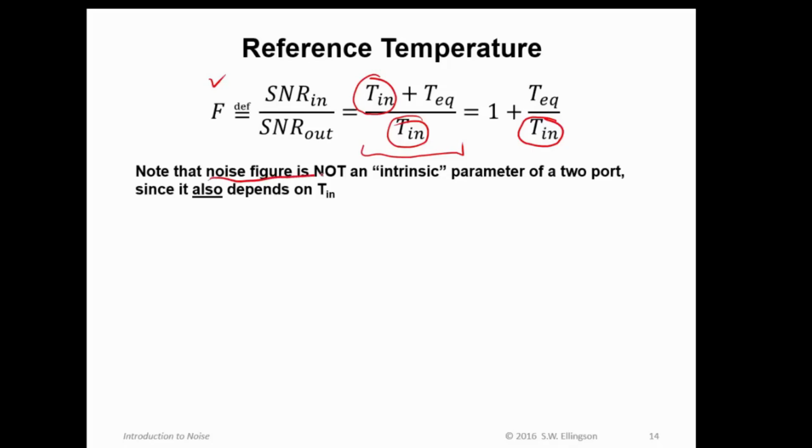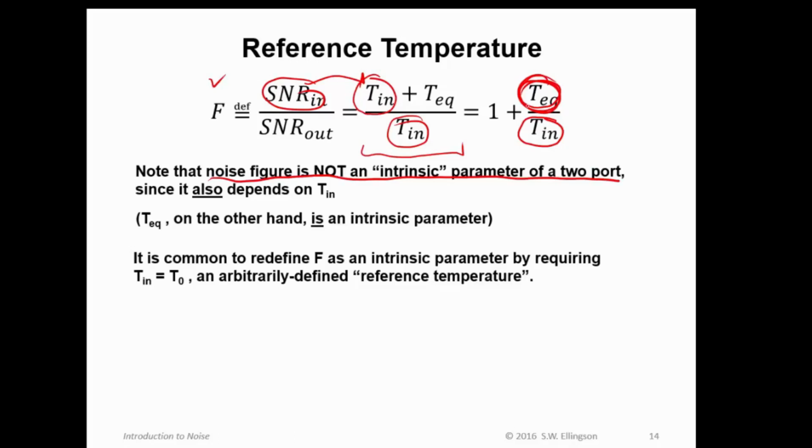Noise figure is not an intrinsic parameter of a 2-port. In other words, to calculate the signal noise ratio at the input, I had to know what Tn is. And if I have to know what Tn is, then the associated quantity cannot be something which is intrinsic to the 2-port. The equivalent noise temperature, on the other hand, does not depend on this input temperature.